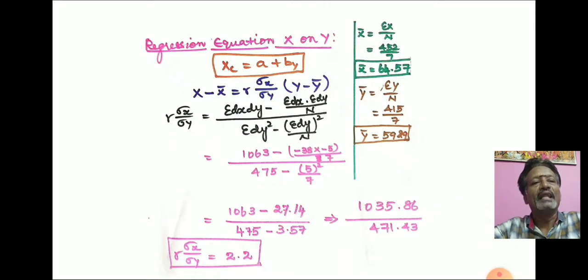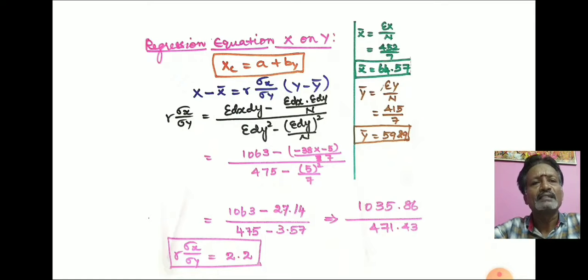So the fitted line x on y is x equal to a plus by. So the equation is x minus x bar equal to r sigma x by sigma y into y minus y bar. Here the correlation value and standard deviation of x series and y series are not given. So at that time we have to use a separate formula to find out the regression coefficient x on y and y on x.